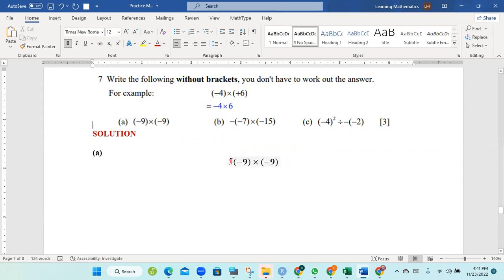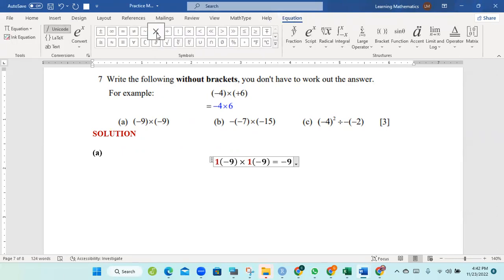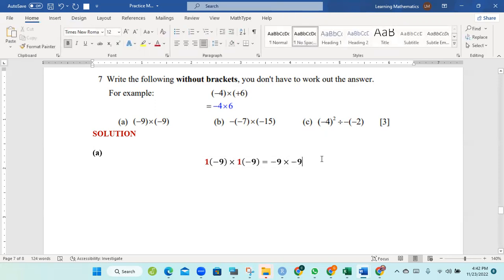And here now, that's a +1 that is outside of this bracket. Basically, what you have now is 1 times a -9 is a -9 times a 1 times -9 is a -9. Basically, it's -9 times -9. That is what's going on here.